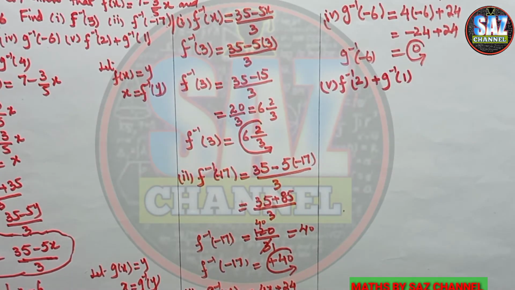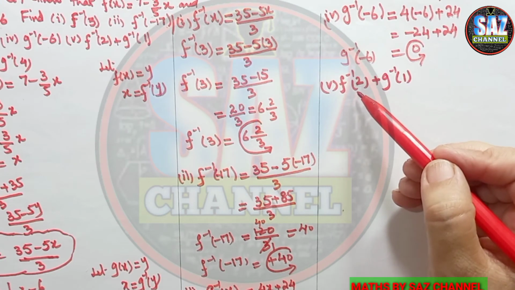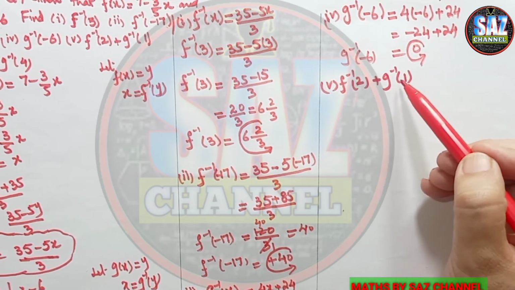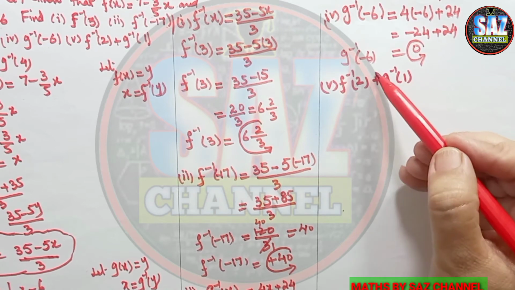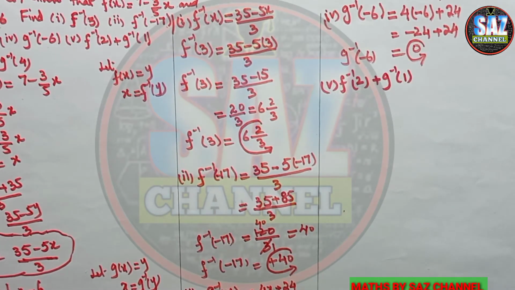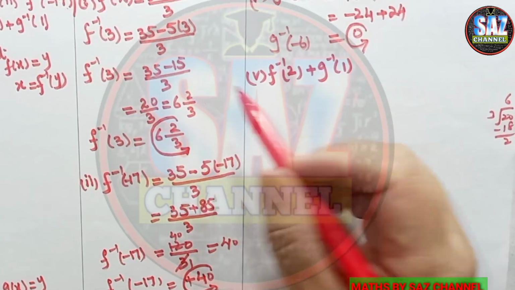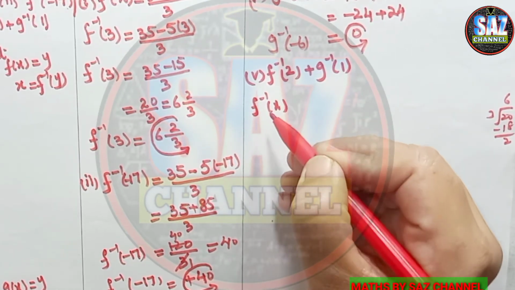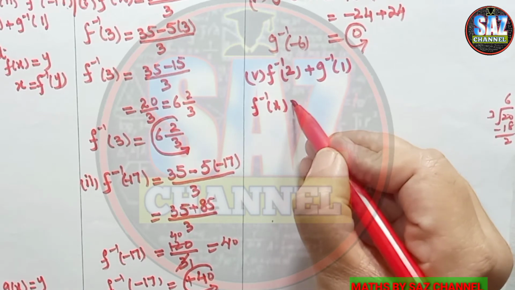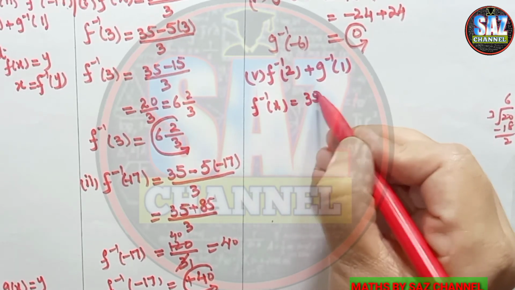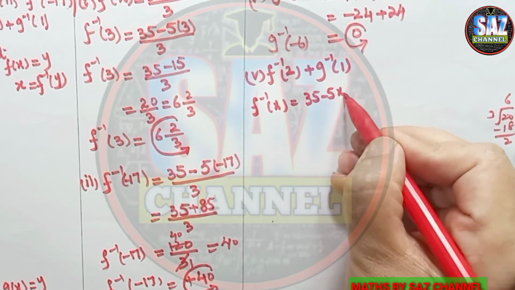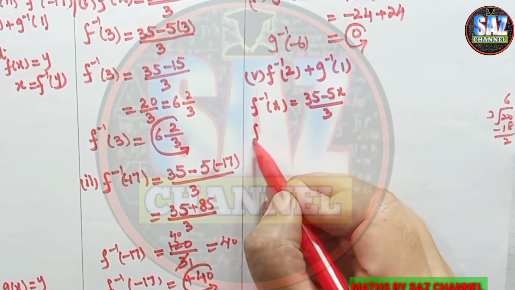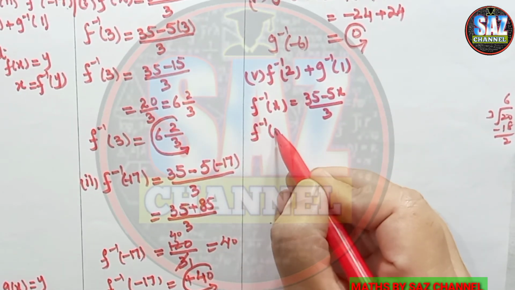For this part, first of all, I have to evaluate the function f inverse at 2 and the function g inverse at 1, and then I have to add them up. I can see that the answer of f inverse of x is 35 minus 5x by 3.